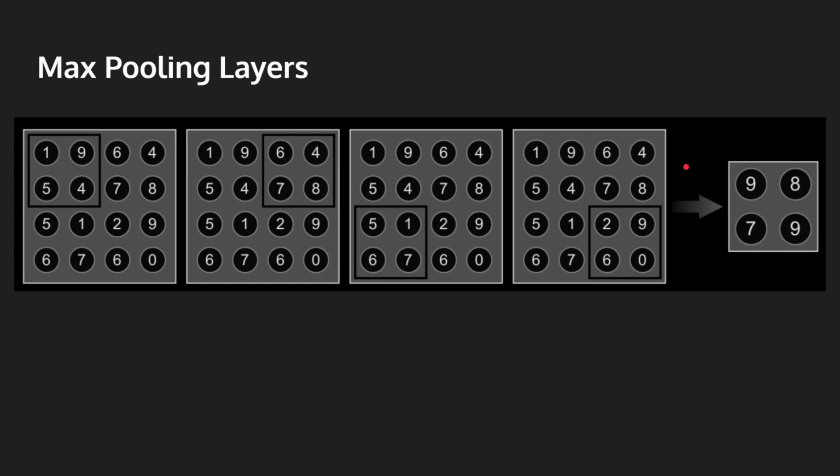And basically the goal of pooling is to downsample the feature maps produced by the convolutional layer into a smaller number of parameters, which reduces computational complexity. Okay, now there are actually two types of pooling. One is max pooling and the other is average pooling. We'll talk about what average pooling is, but we just talked about what max pooling is.